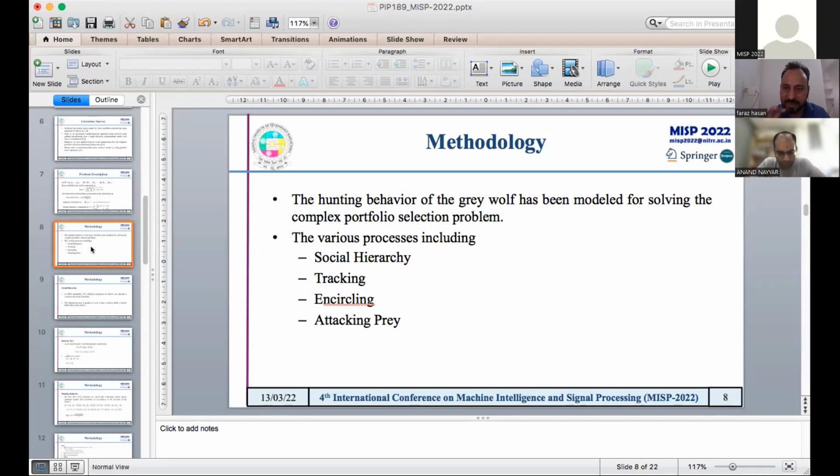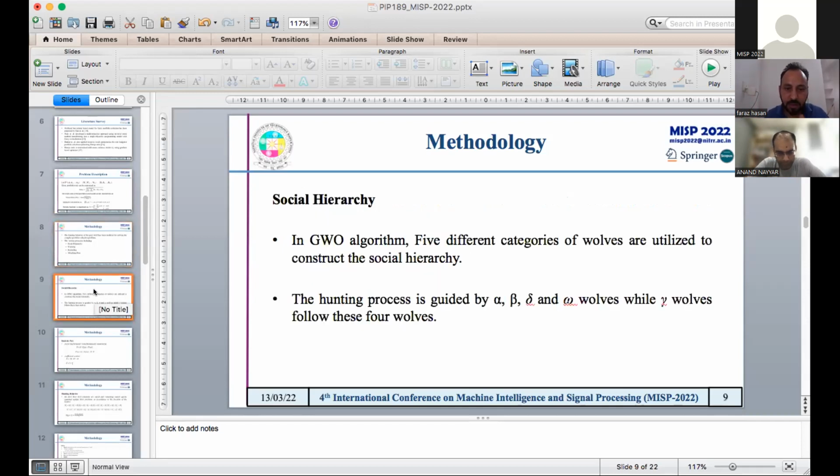By being motivated by these social processes, we apply the gray wolf optimization for optimizing the Sharpe ratio.